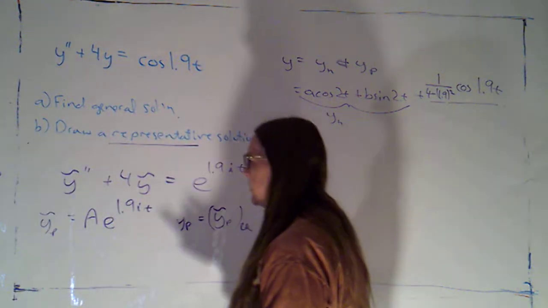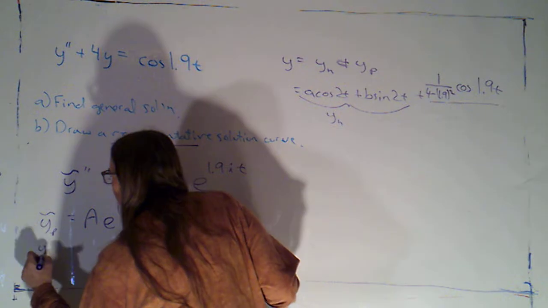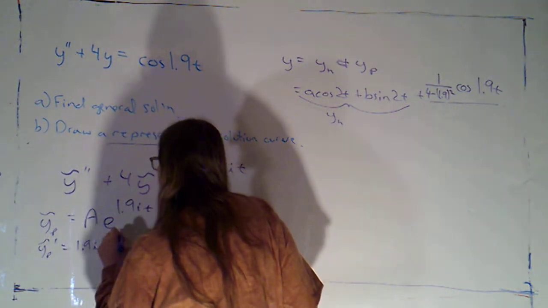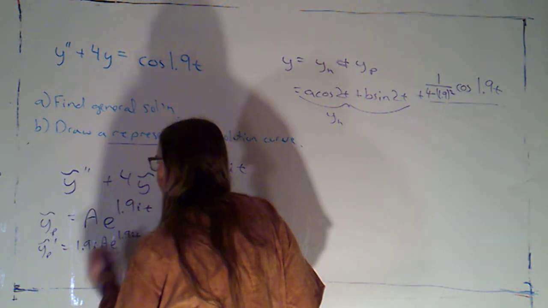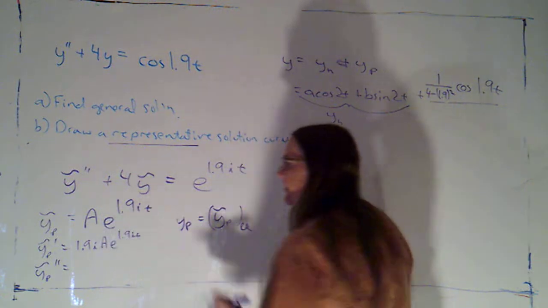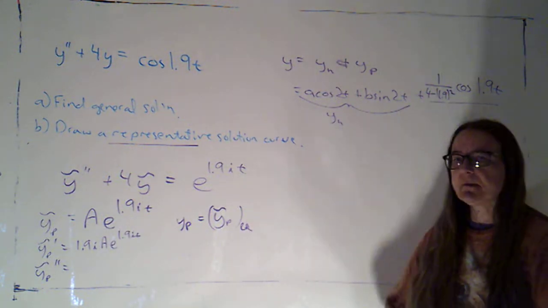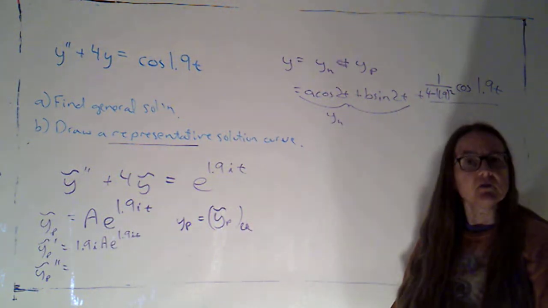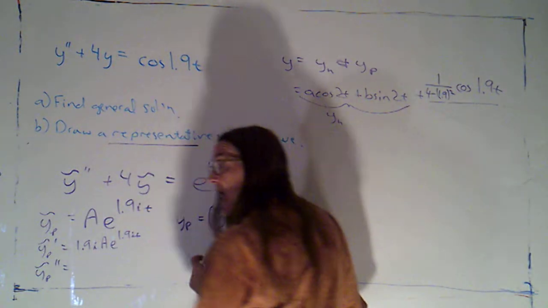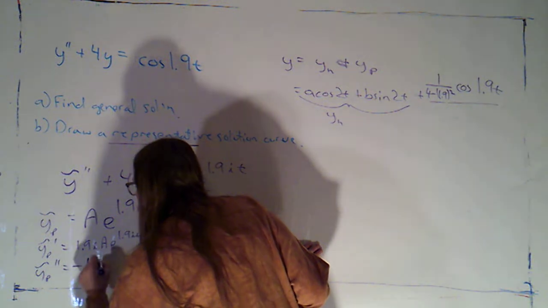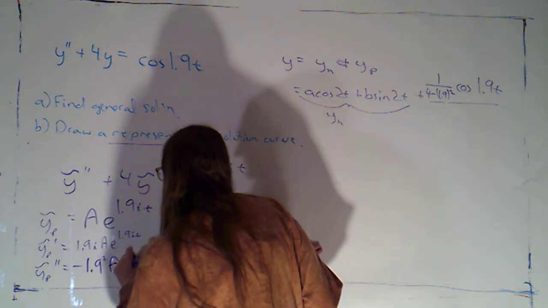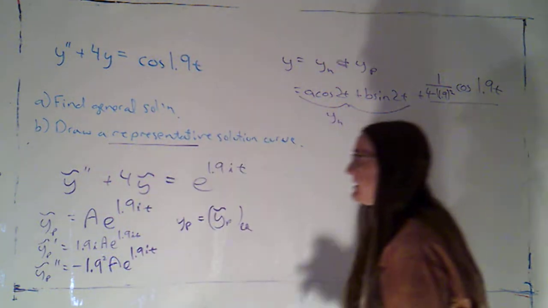It's relatively quick to derive, because yp tilde prime would just be 1.9i a e to the 1.9it. So yp tilde double prime, I'm bringing down another 1.9i. So I'm going to get 1.9 squared, and you'll notice I'm just being lazy and calling that 1.9 squared, times i squared, which is negative 1. So I get negative 1.9 squared a e to the 1.9it.